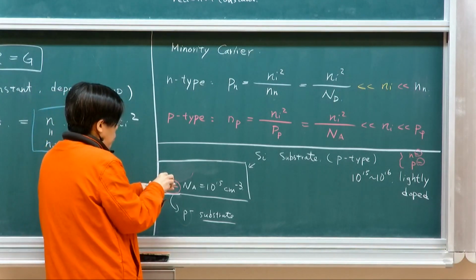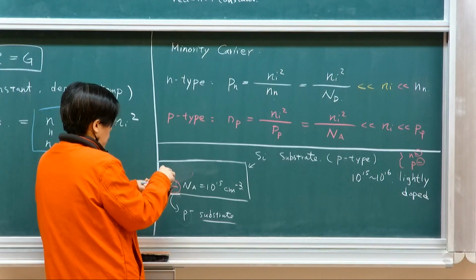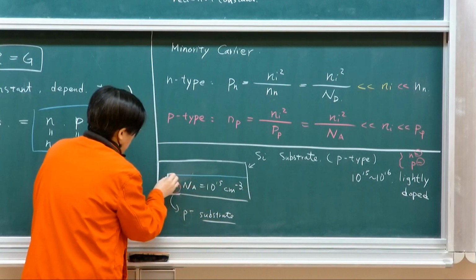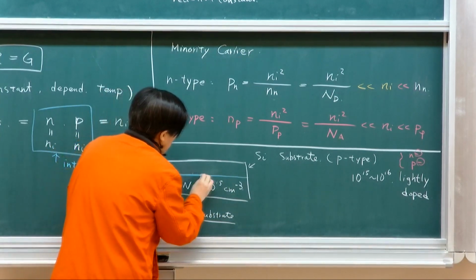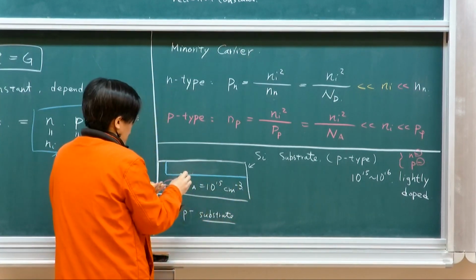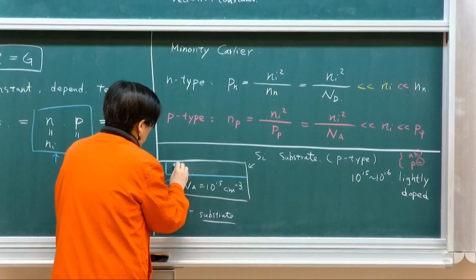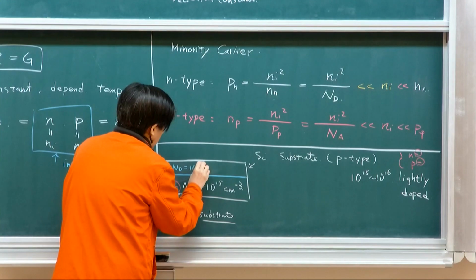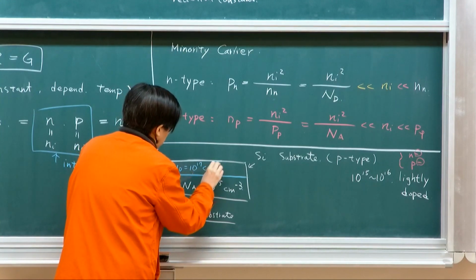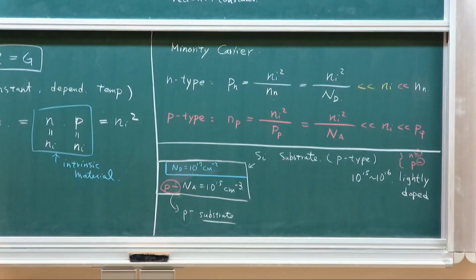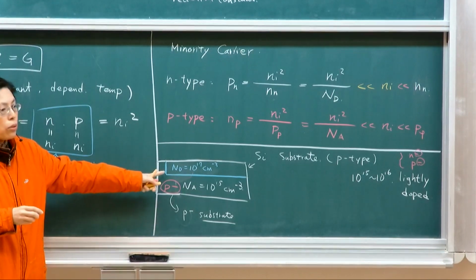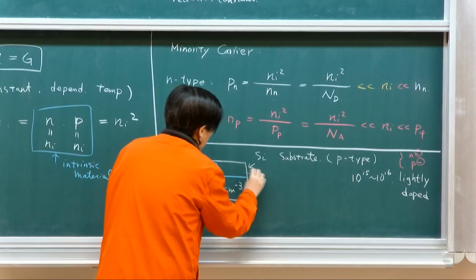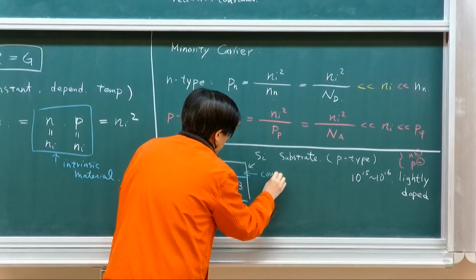So I introduce additional dopants here. For a certain region, I want to make it N-type, so I introduce an Nd of 10 to the 17th, for example. I put additional dopant into this region. This process is called counter doping.